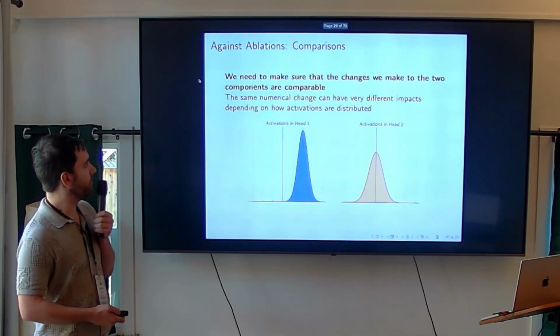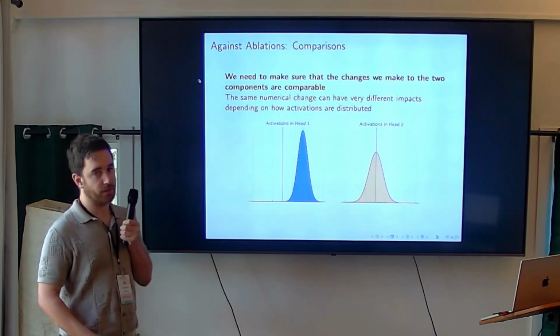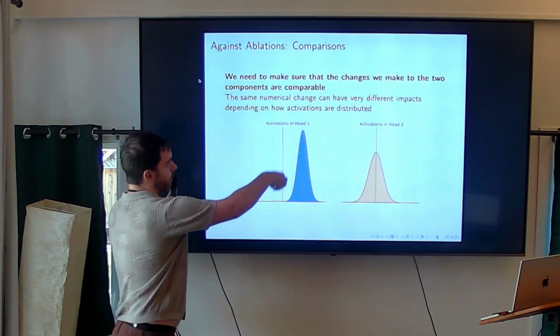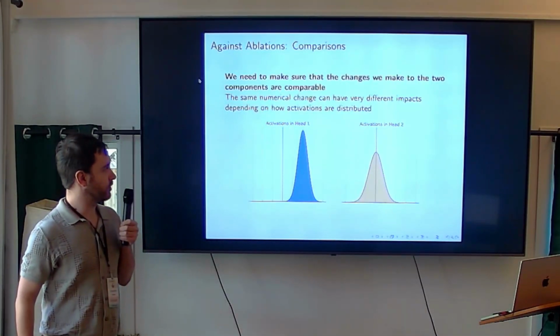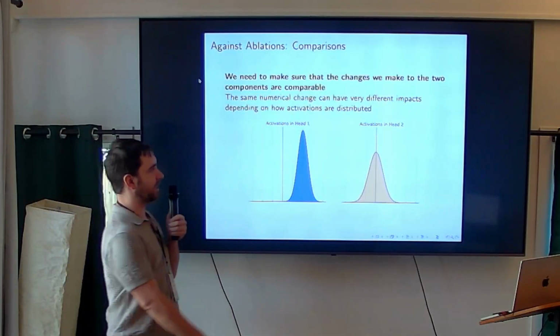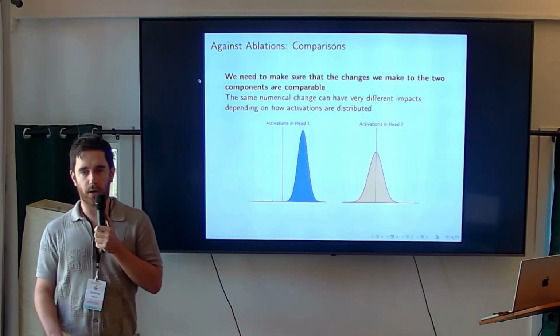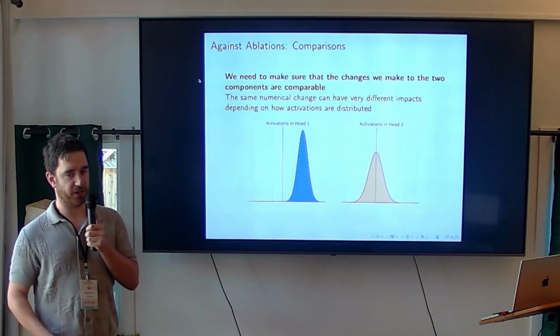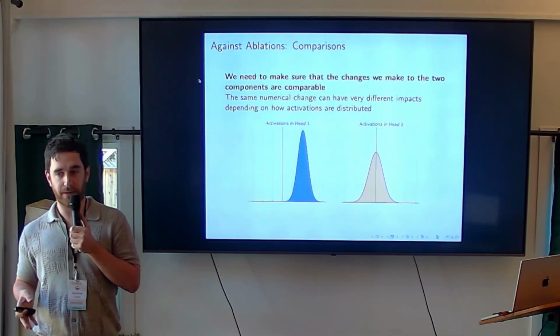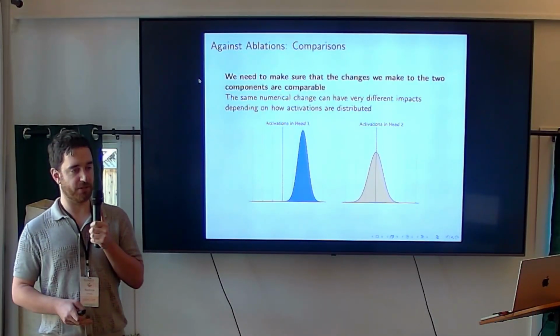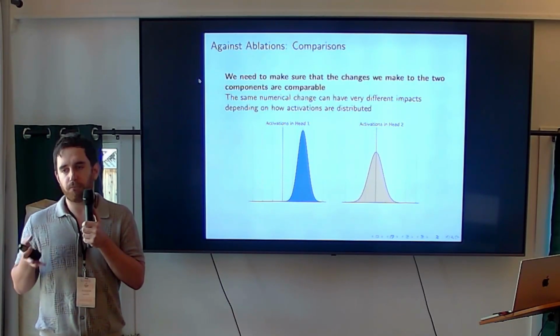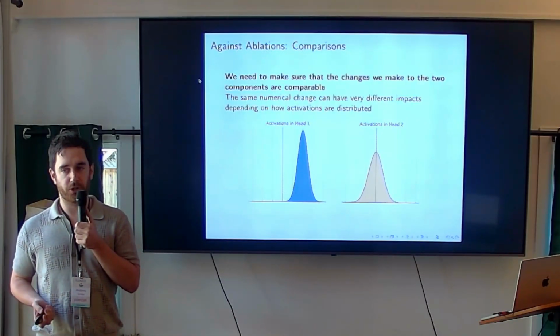So for two heads, maybe the activations in head 1, if they were on the real line, look something like some normal distribution spiked at 2, and the activations in head 2 are a fatter normal distribution spiked at 0. If you zero ablate, meaning you take the activations and send them to 0, you've violated a little bit the integrity of your experiment, right?